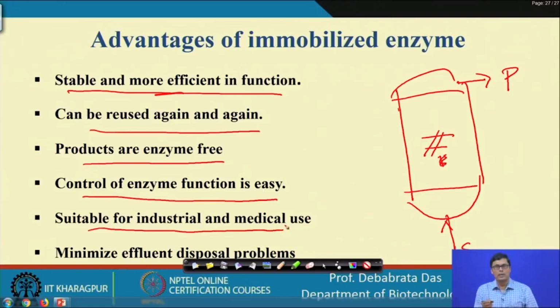I can give a typical example. Due to some genetic disorder, some human beings cannot produce some desired enzyme, and those enzymes might be very essential for the survival of the human being. So you have to supply those enzymes.